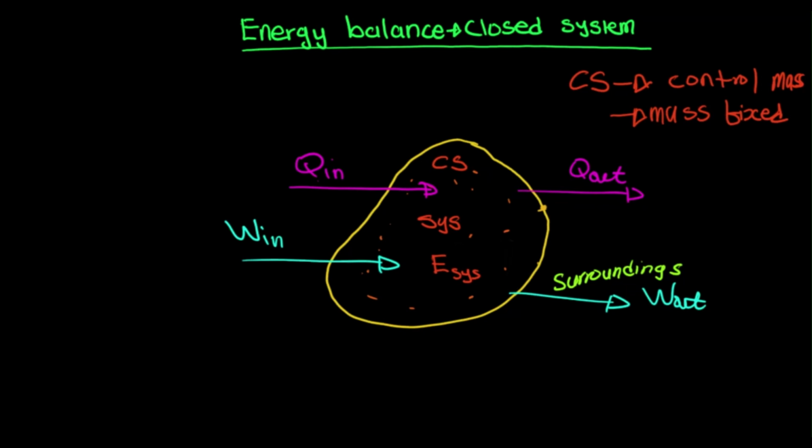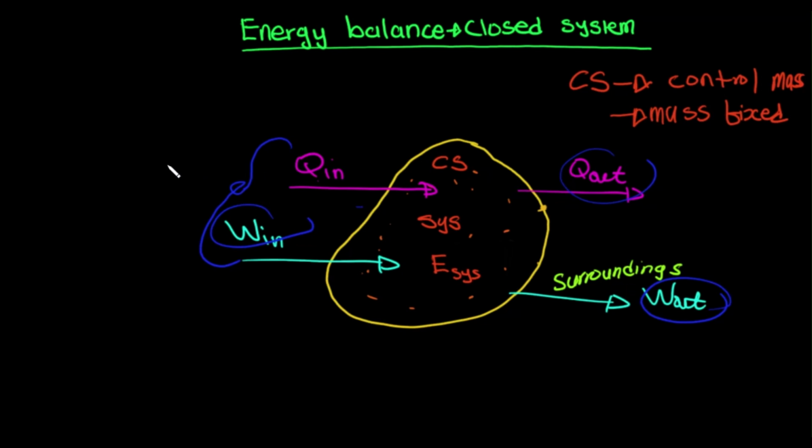All these forms of system interaction, energy in, heat in and work in, heat out and work out, all of these represent energy interaction of the system with its surrounding.